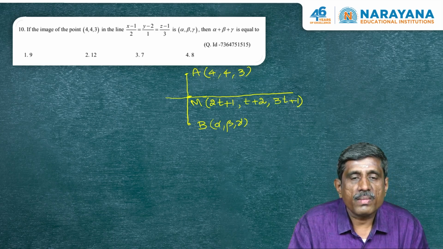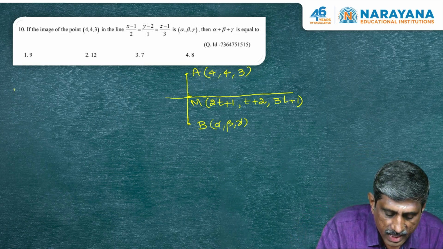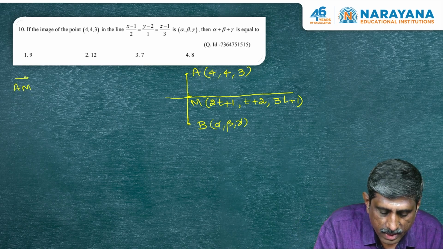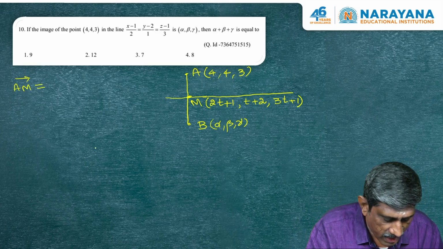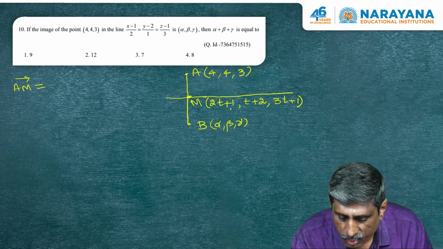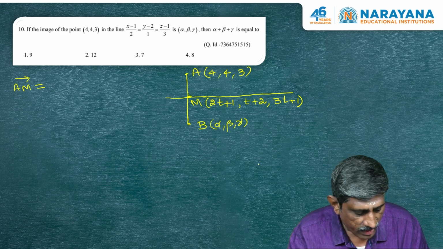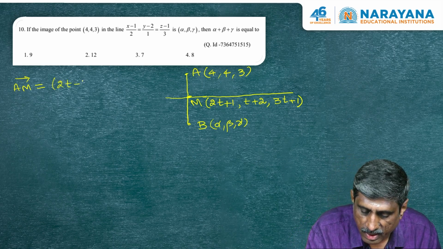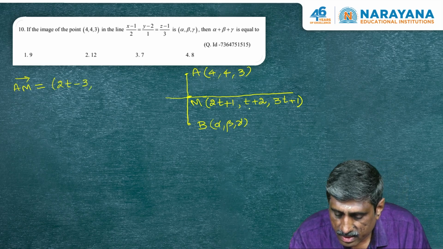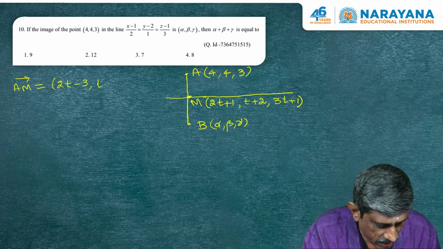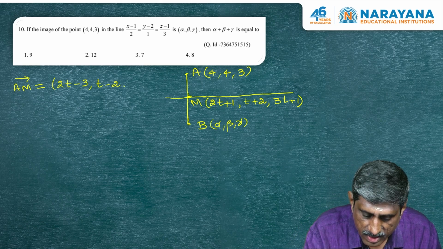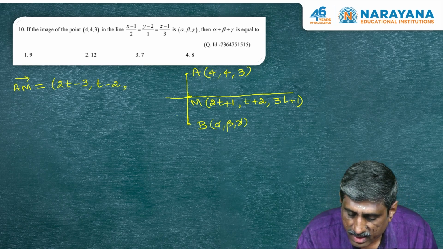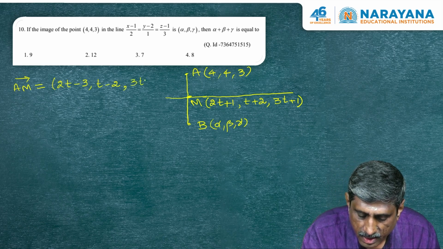Let us find the direction ratios of AM. 2t plus 1 minus 4 is 2t minus 3, and t plus 2 minus 4 is t minus 2. Similarly, 3t plus 1 minus 3 is 3t minus 2.